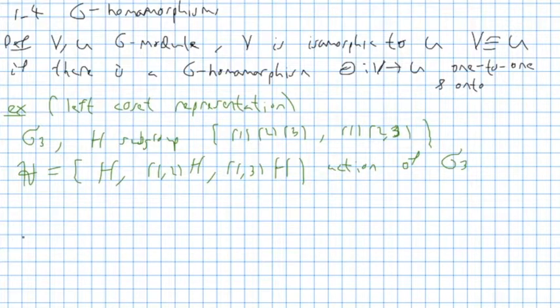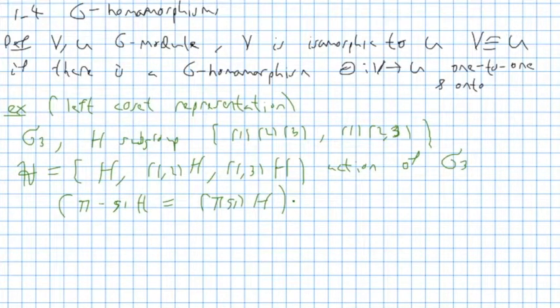Let's remember that if I have a coset g1H and I act by a permutation pi, I multiply these permutations and see which coset they belong to.